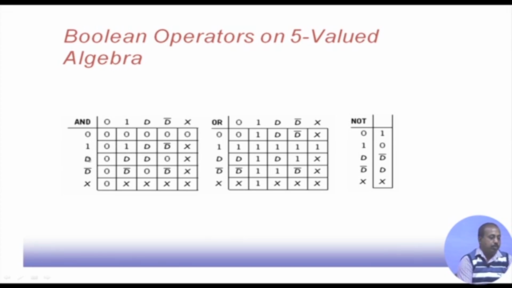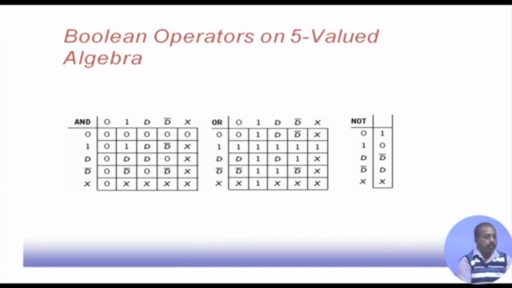If one of the inputs is d and the other is 1, the output is d. And d AND d is d. d AND d bar is definitely 0, because they are complementary to each other, so their AND must be equal to 0. Similarly, d bar AND d is also 0. Then d bar AND d bar is d bar.